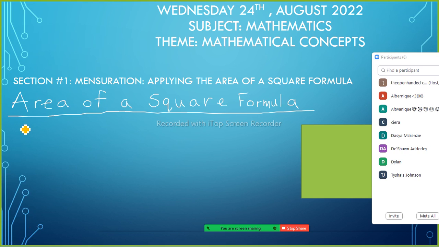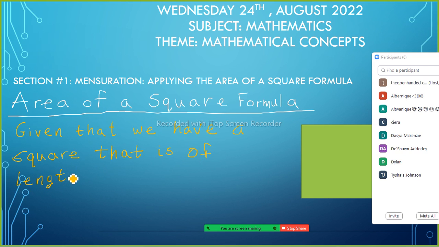So given that we have a square that is of length s, right?